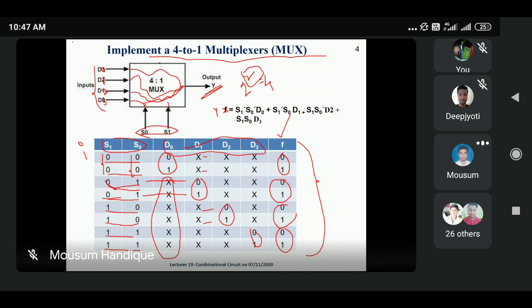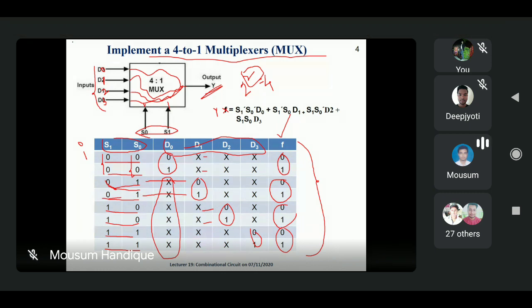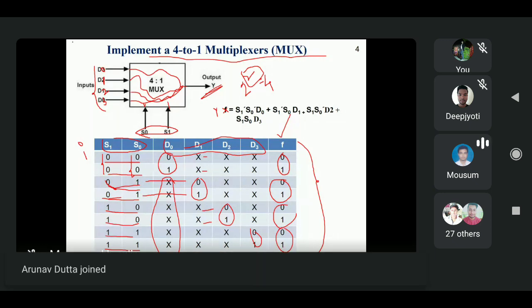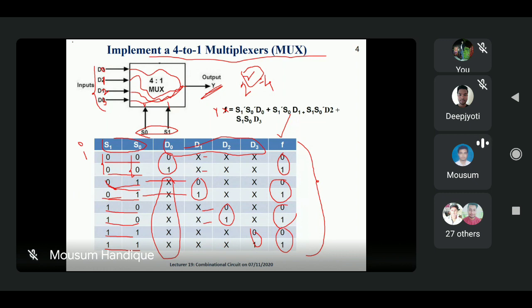You just maintain the properties of the multiplexer. Properties means the input lines depend on the selection lines, and that particular input line goes to the output line. The multiplexer always generates only one output.